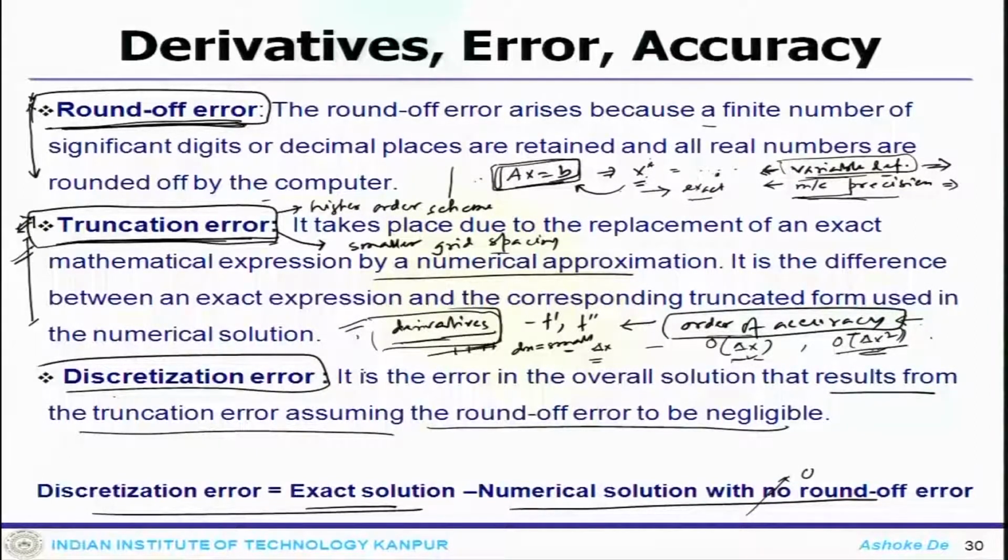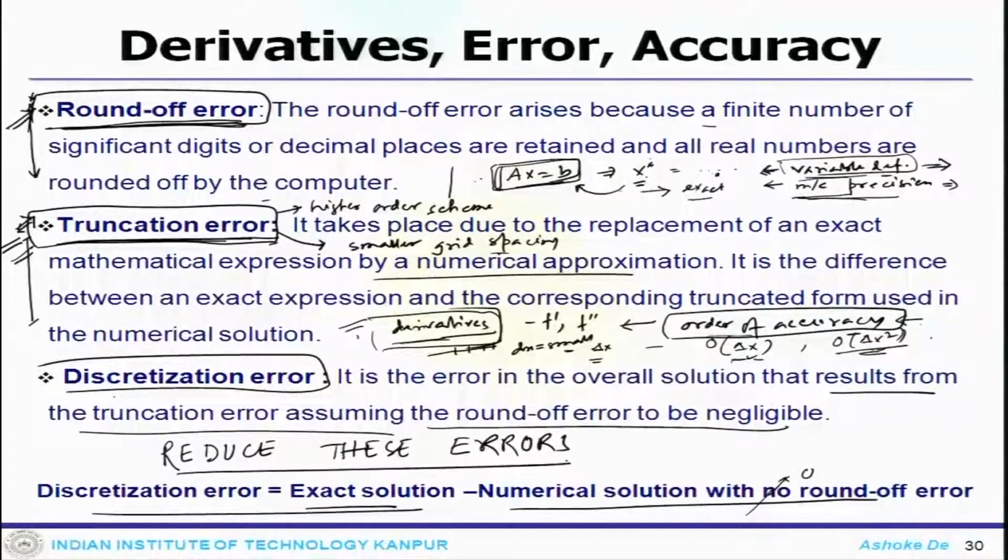So, you have essentially two broad categories of errors. One is round off error, another one is the truncation error, and no matter what kind of numerical approach you use, you have to essentially reduce these errors.